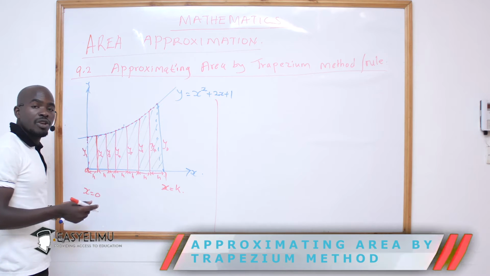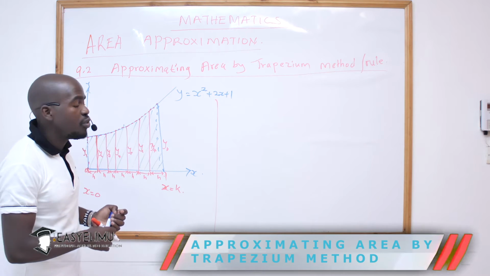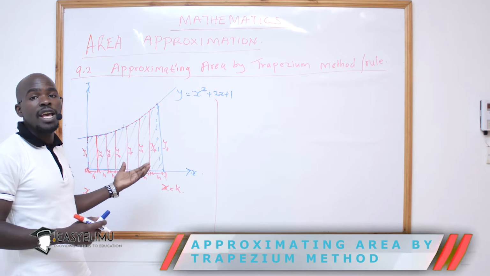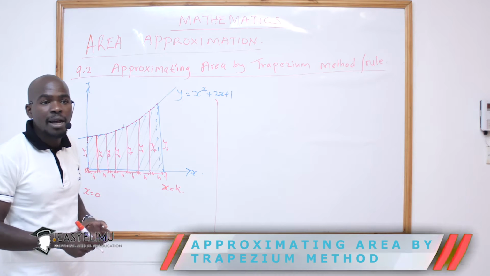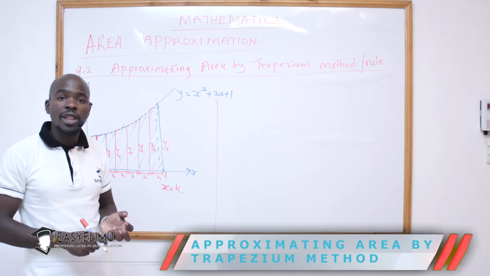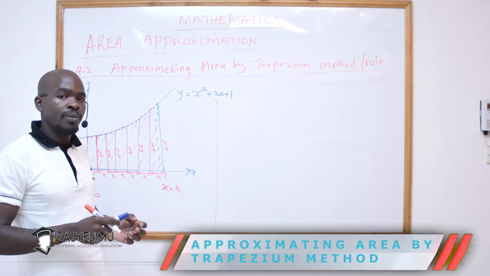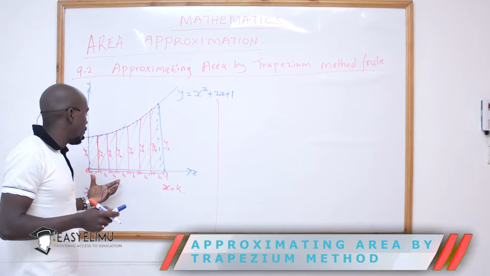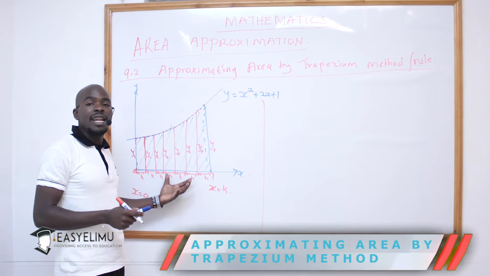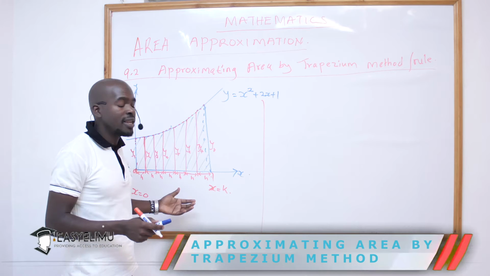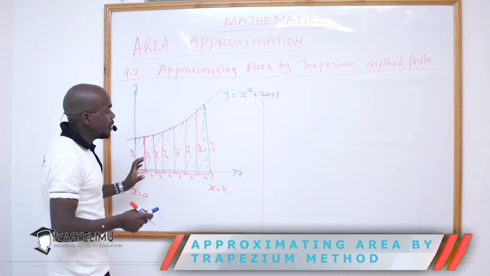If you have been given a condition, you use that condition to help you divide your given area into the required number of strips. Sometimes you may be given a condition that you should divide the area into a required number of strips. What you should do is find the distance between them, then divide it by the number of strips you require and find how much h should measure.